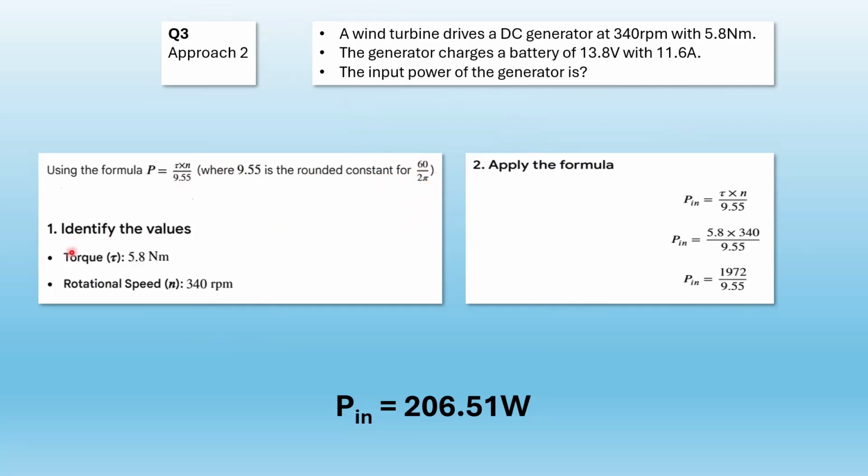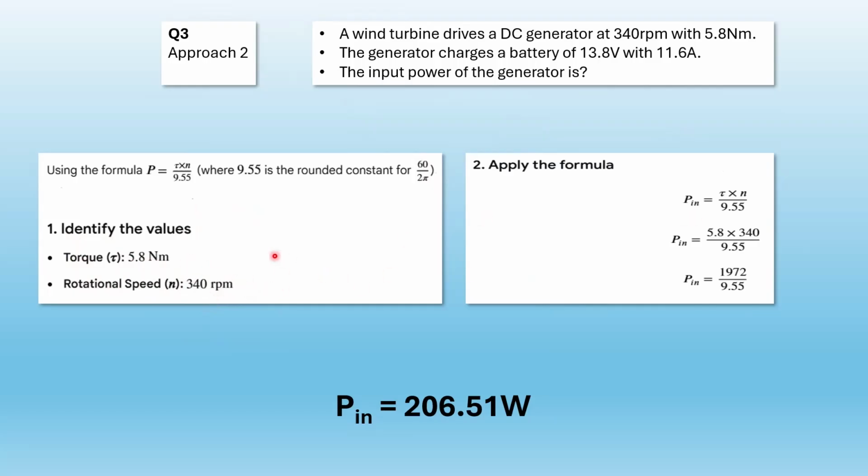The torque is 5.8 Newton meters, and the rotational speed is in RPMs. This only works when we have RPMs and torque in Newton meters, so we have to make sure.